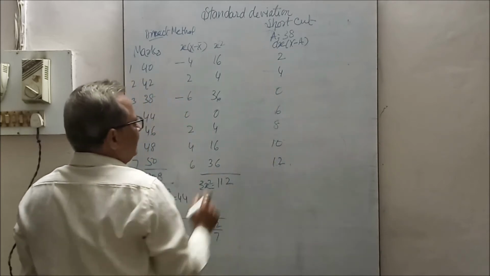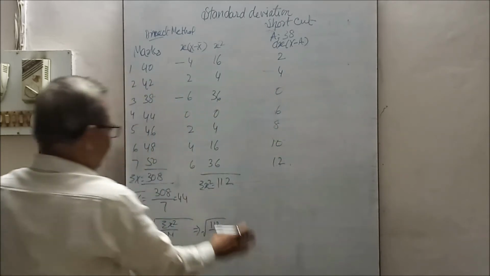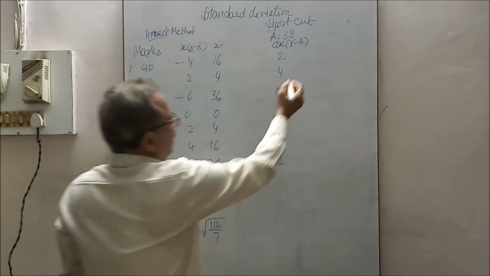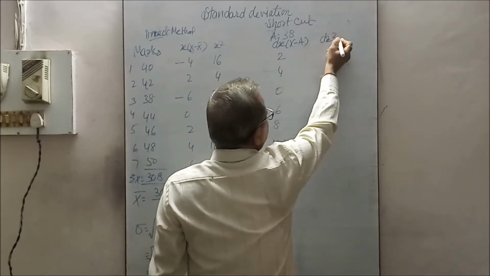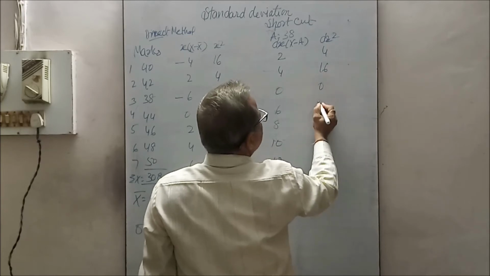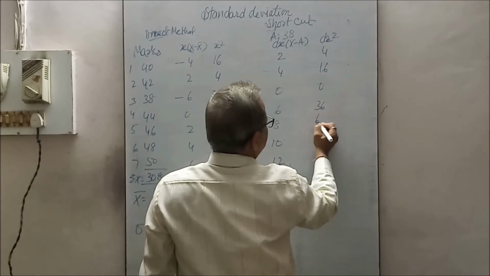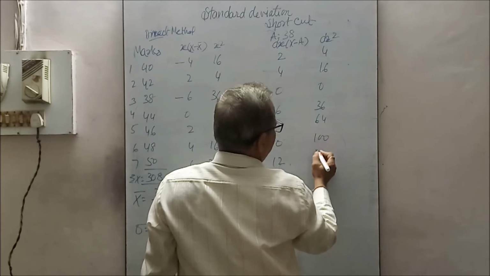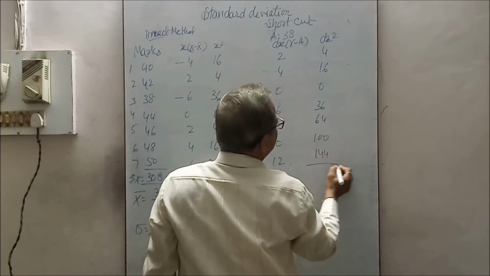This is called dx. There is no negative item. Now dx square: 4, 16, 0, 36, 64, 100 and 144. Now total it.